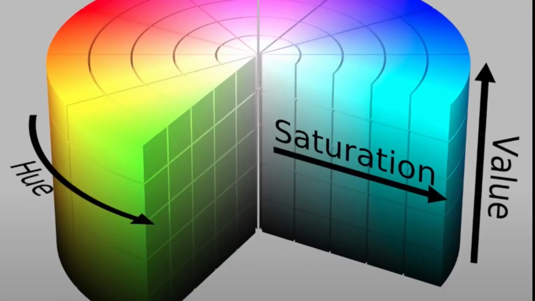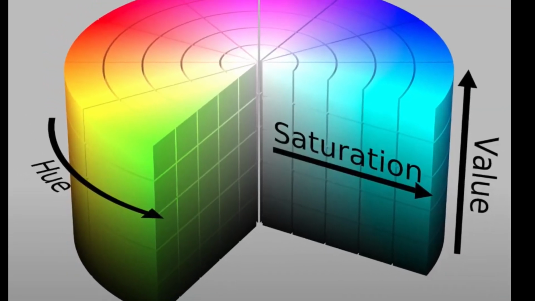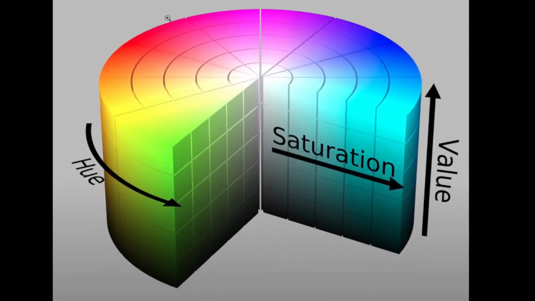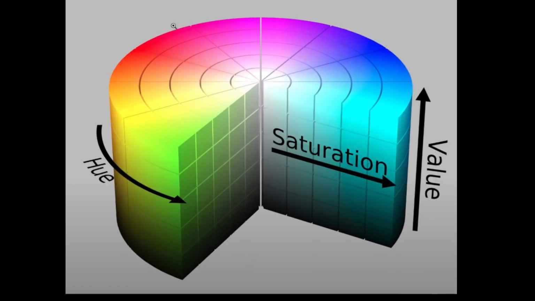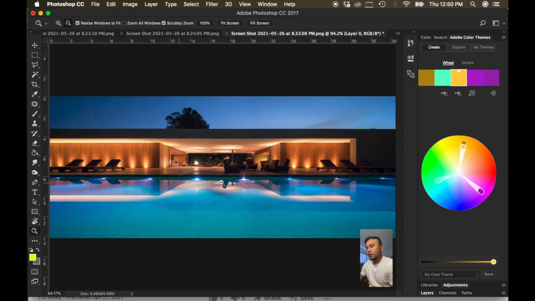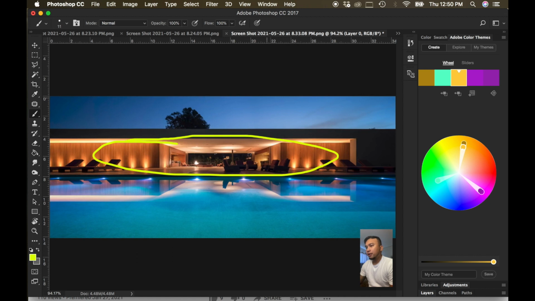Another cool way to help you understand values, saturation, or colors is by using Adobe Color Themes, where you can select or reference different kinds of color themes in the color wheel chart. I have a good example where this image represents the warm and cold areas of your image.